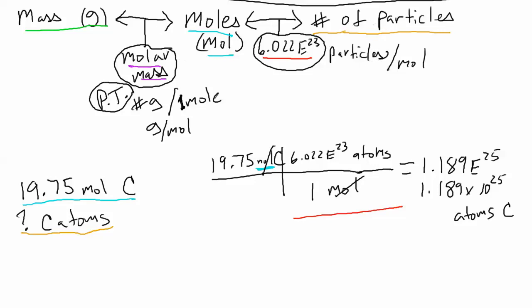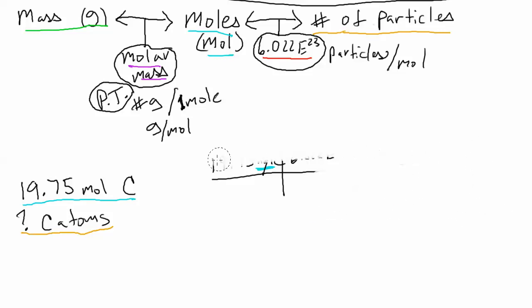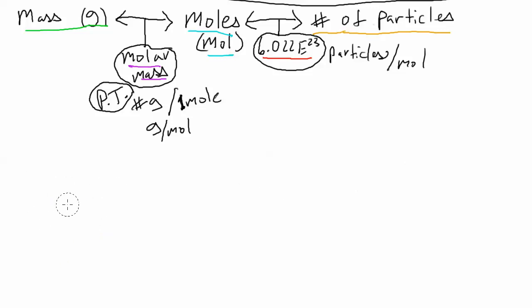So now our last thing that we have to do here is do the reverse of that and go from particles to number of moles. So erase that. And here we go. My pencil back. Let's say I had 1.48 e to the 24 molecules, sorry about that, molecules of water.